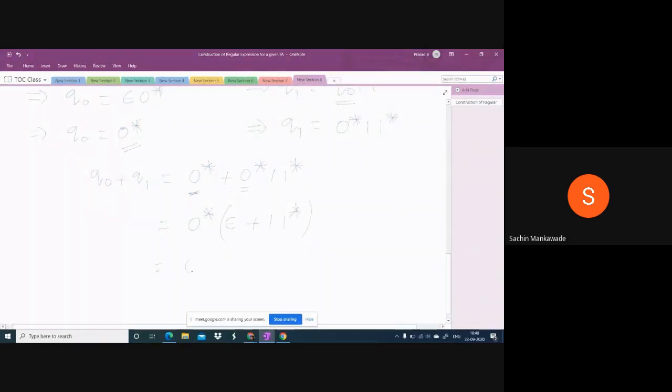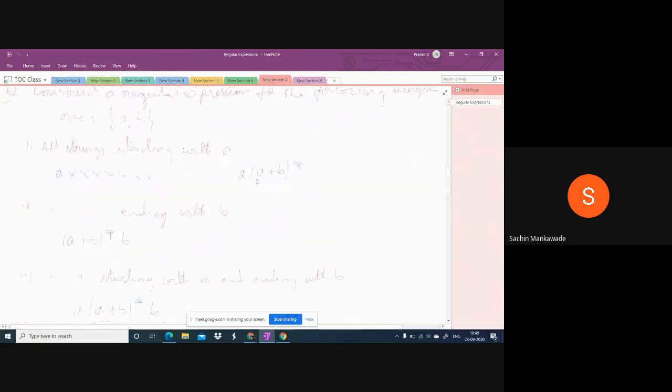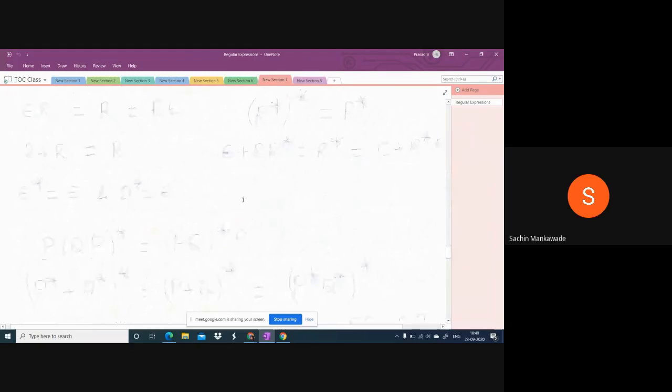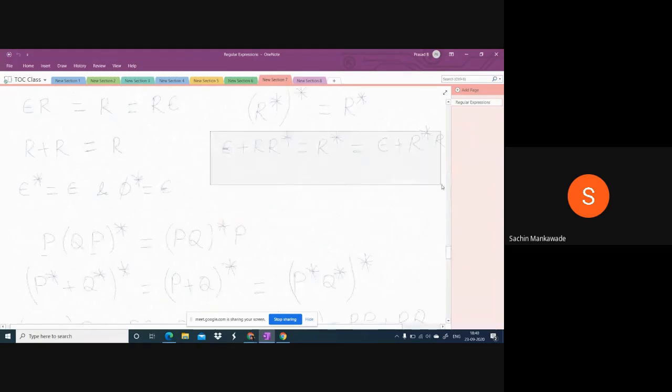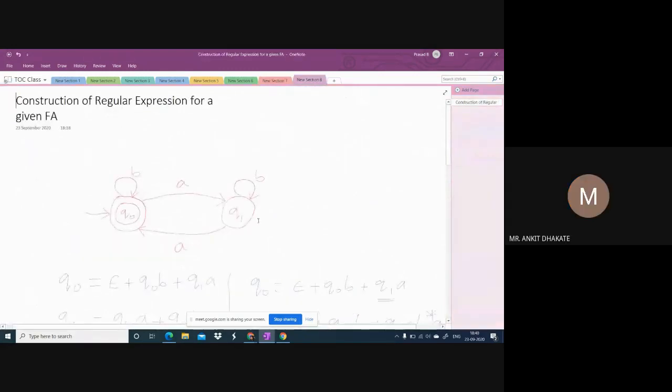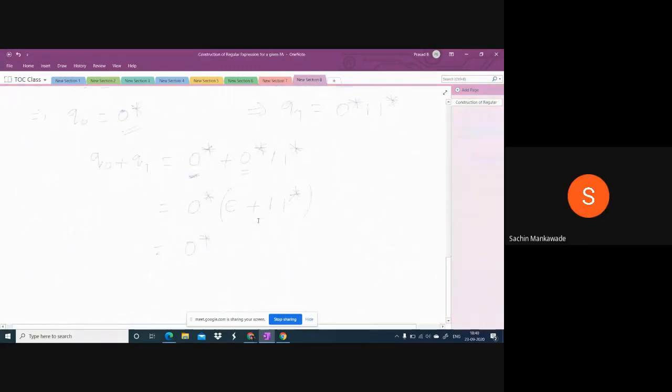And I already told you there is a formula: epsilon plus RR star is R star.